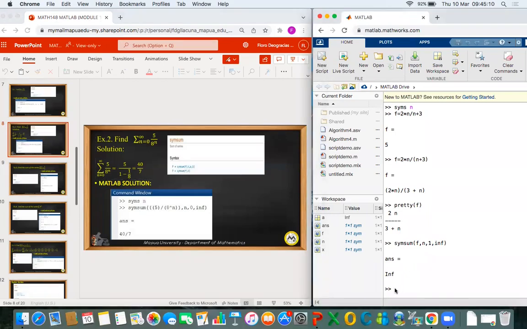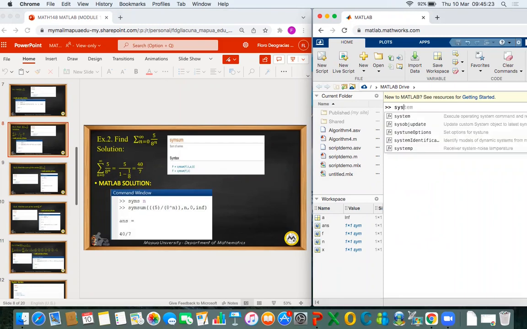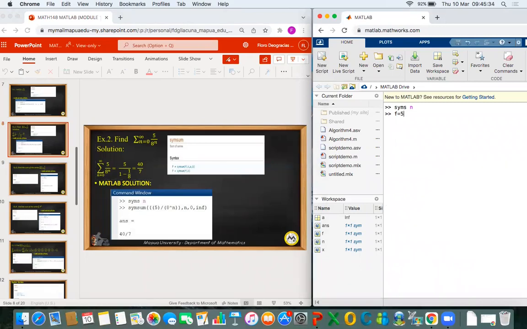Okay, so let us do this, class. Again, clc. Okay, so what's your variable? Again, it is n. So you declare syms n. Then your function here, class, is 5 all over 8 raised to n.